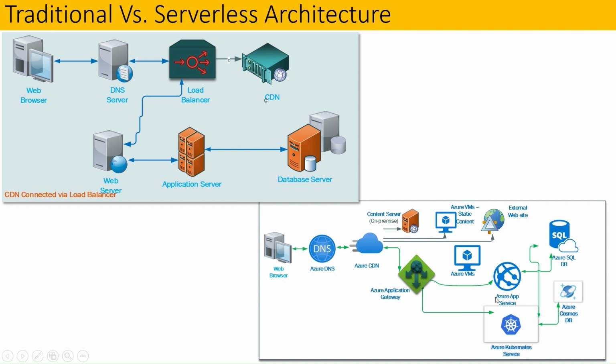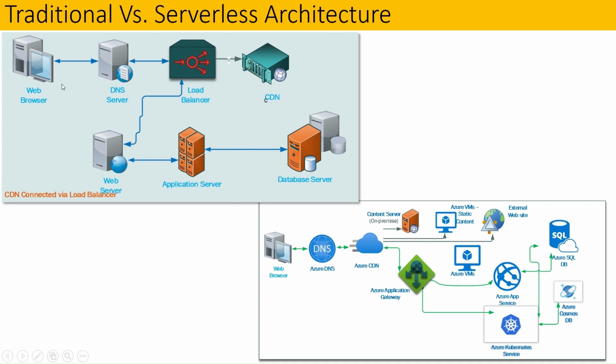The one at the top is an example of a traditional on-premises architecture where we have a web server which connects to a DNS server which routes the traffic to a load balancer, which again decides to route the traffic to either static content via CDN or to any of the web servers available, which in turn interact with the application server, which can connect to the database server for a specific task completion.